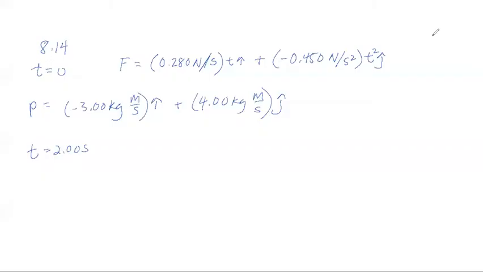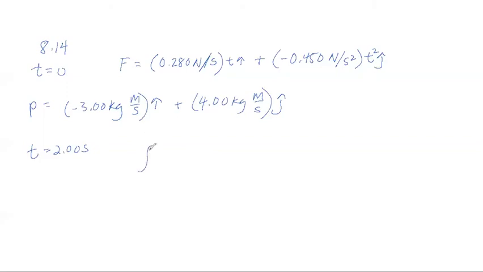Okay, so what we have to do here is integrate and find the change in momentum from 0 to 2 seconds. And then we're going to add that to the existing momentum at 0 and solve. So let's go ahead and begin.